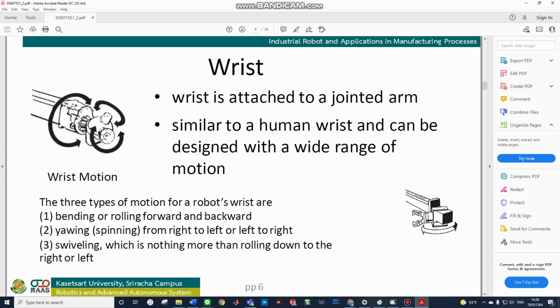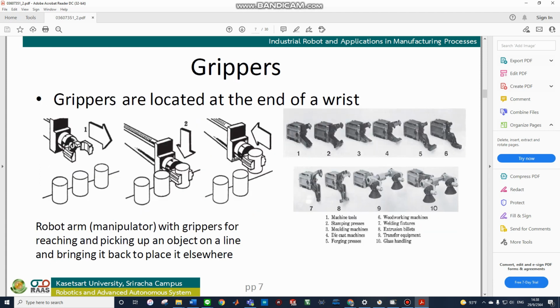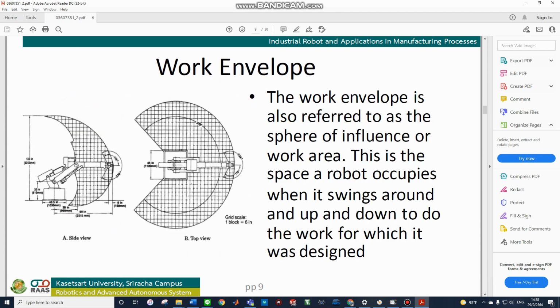The wrist is attached to the joint arm, similar to a human wrist, and can be designed with a wide range of motion, and the gripper. The gripper is located at the end of a wrist.